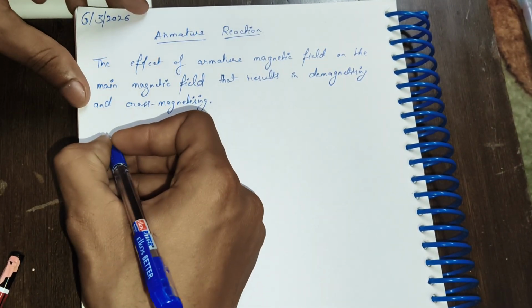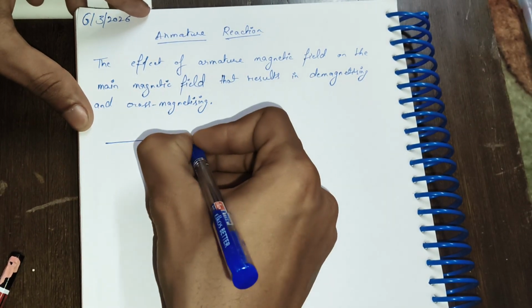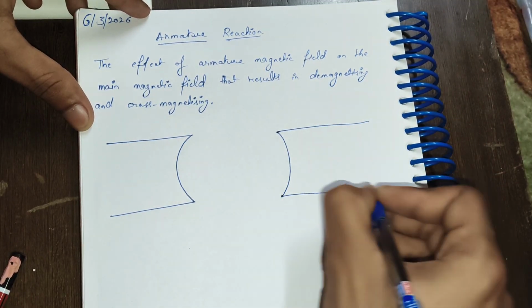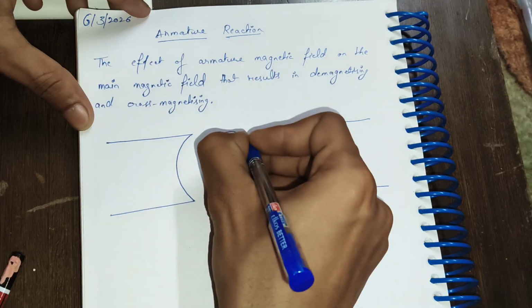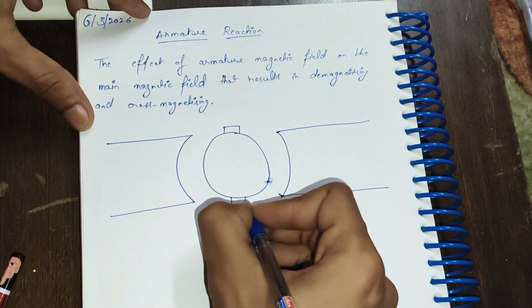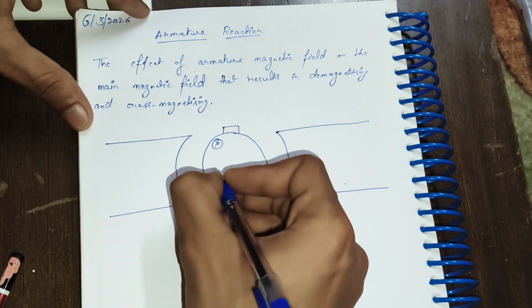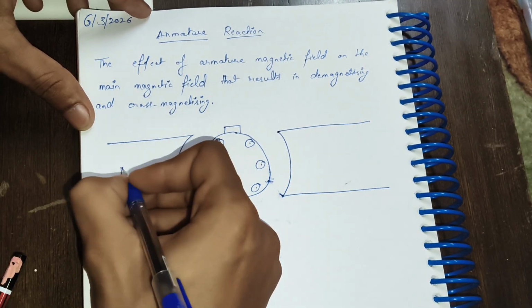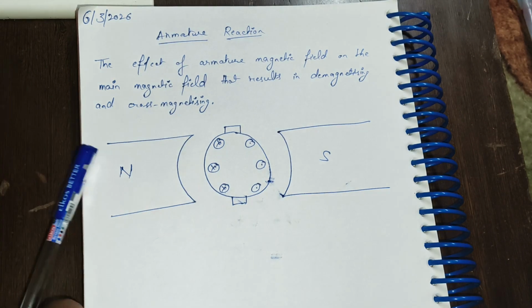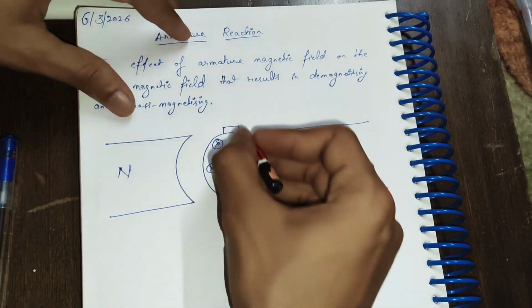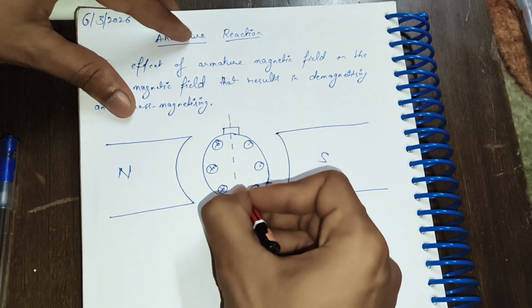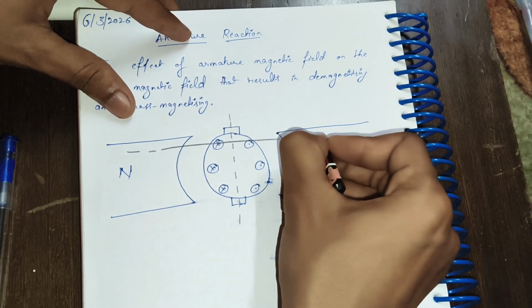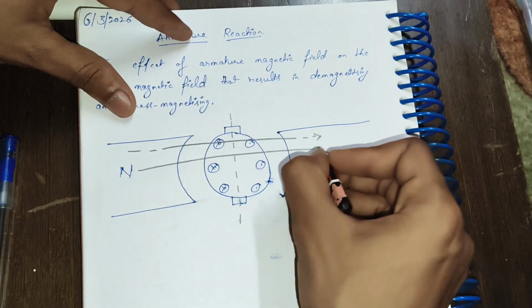Take a simple machine when not started. This is the North Pole, this is the South Pole, and this is the direction of the main magnetic field.